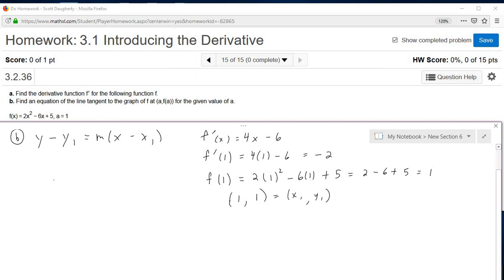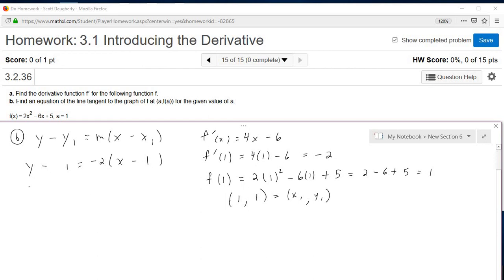Okay, so going back up here, back to the equation of the line, we're just going to plug all that information in. So y minus y1, and then m is negative 2, and then x minus x1. And then x1 and y1 are both 1. So 1 and 1.